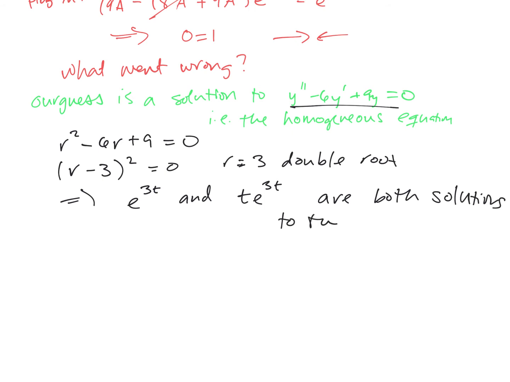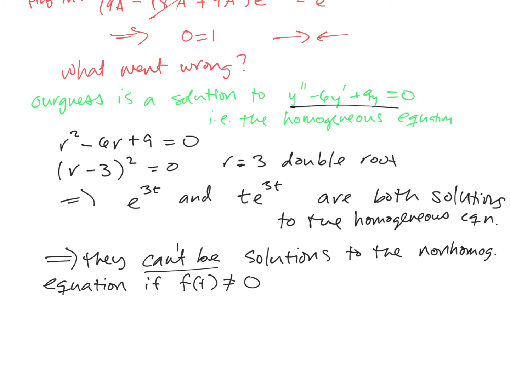to the homogeneous equation. So if they're solutions to the homogeneous equation, then you put them in the left-hand side and it equals 0. So then they can't be solutions to the non-homogeneous equation if the right-hand side is not 0. And neither can a constant multiple of it.